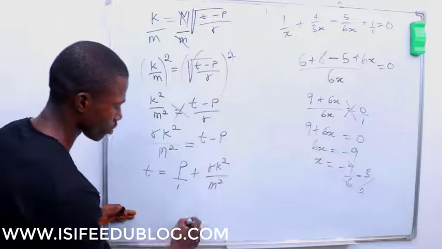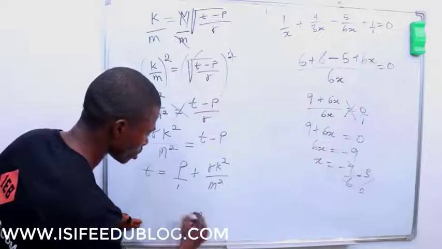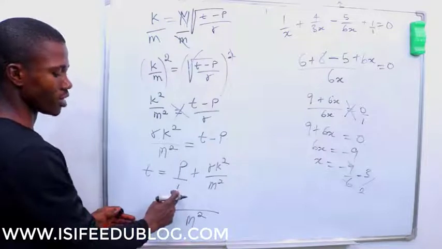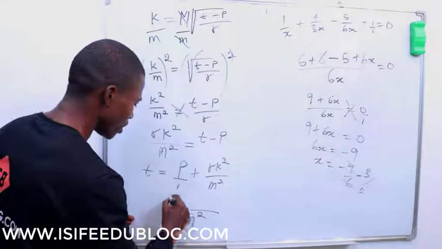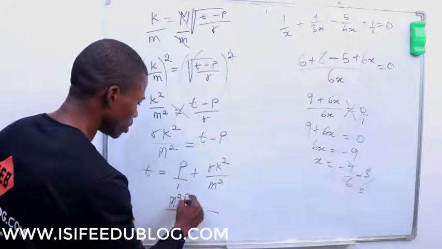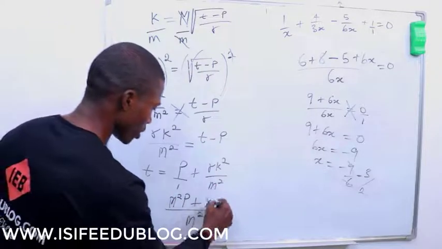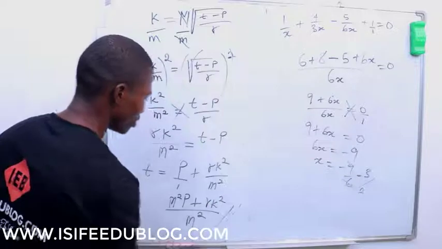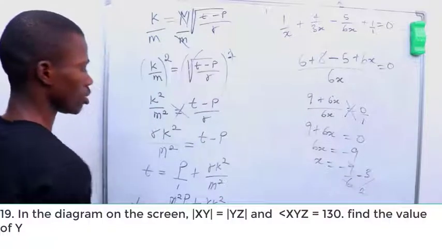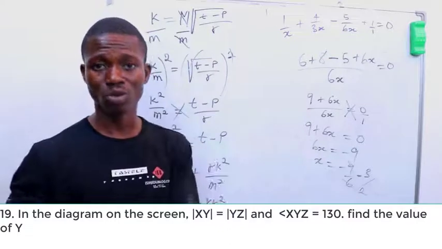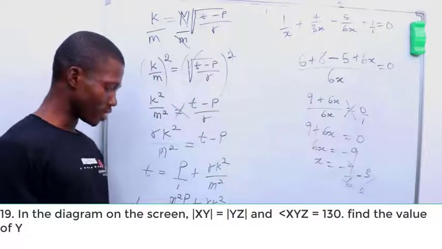The LCM of both of them is M squared. M squared over 1 divided by 1 is M squared times P. It is M squared P plus M squared divided by M squared is 1, then RK squared. This is our final answer. It depends on the arrangement in the options. Before you solve, you check your options.